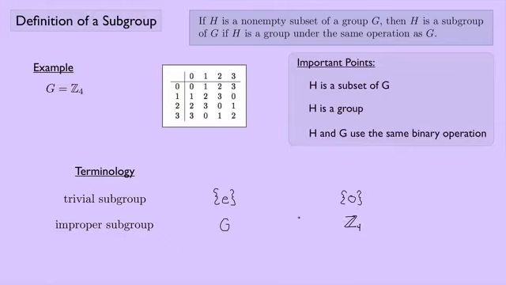So again, not very exciting, but it counts as a subgroup. And if I want to really exclude those possibilities, which often you do because these are the boring ones, I can say all the other subgroups would be non-trivial proper subgroups. Those would include all of the subgroups that are not just the identity or the group itself.